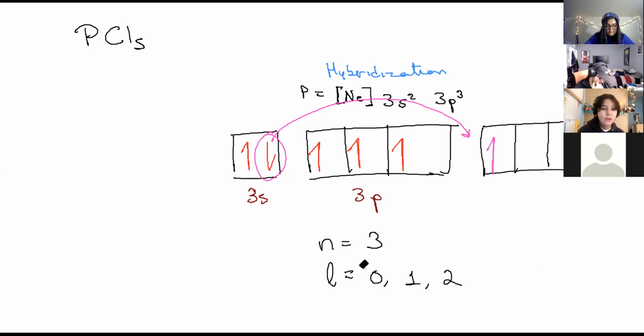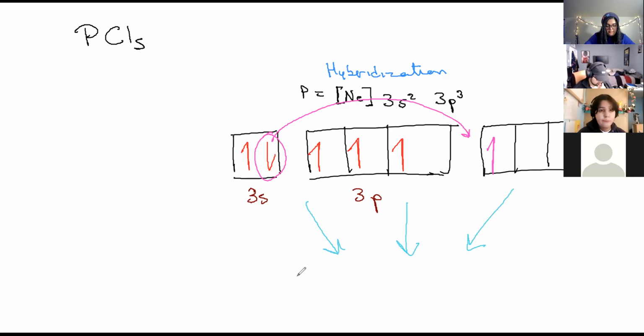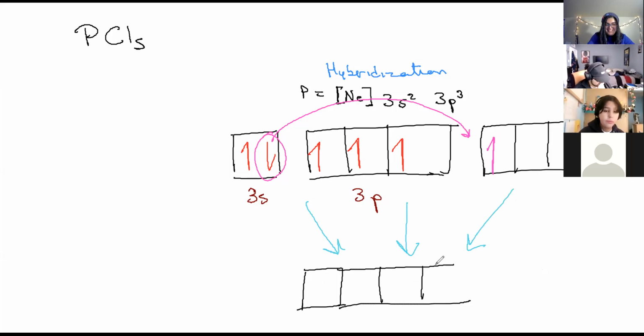So it uses its empty d orbitals to promote that s electron. What kind of hybrid orbitals are created? You're taking the s orbital, all the 3p orbitals, and one of the d orbitals, leaving the rest of the unused empty d orbitals.